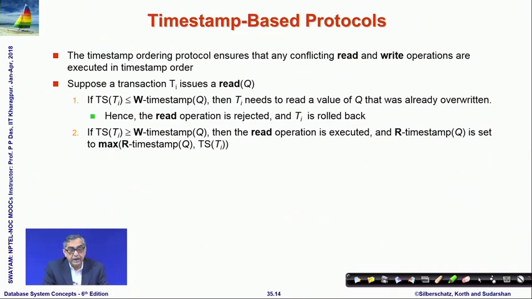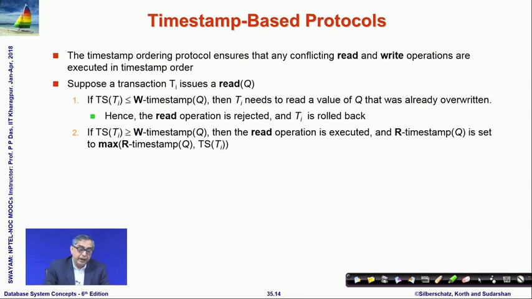So, the transaction T_i needs to read a value that was already overwritten, because the latest write has happened after the transaction. So, this read operation is rejected and T_i will be rolled back.